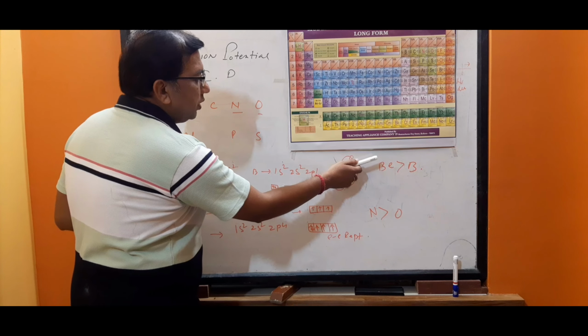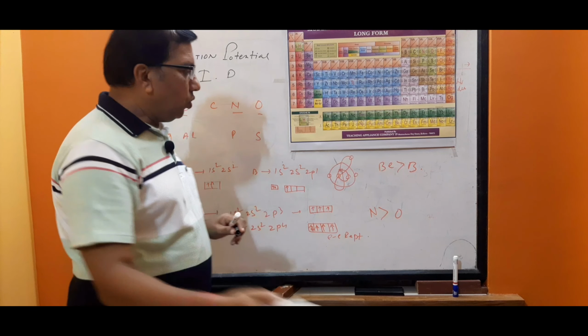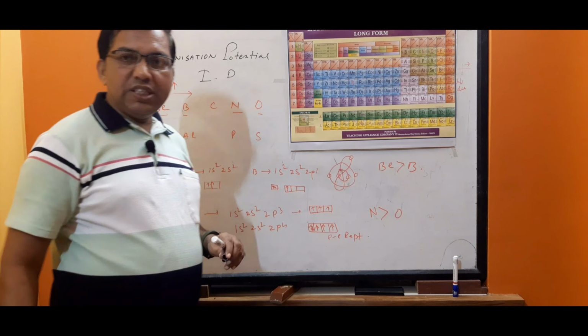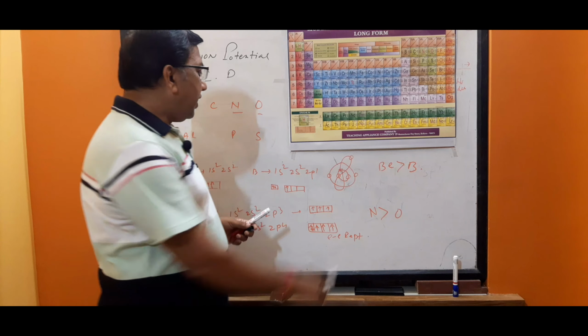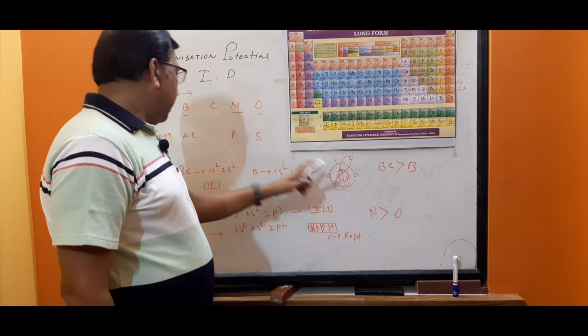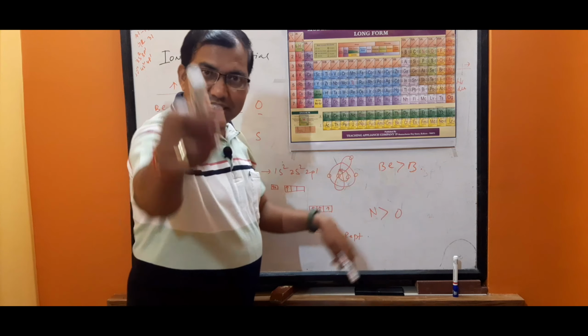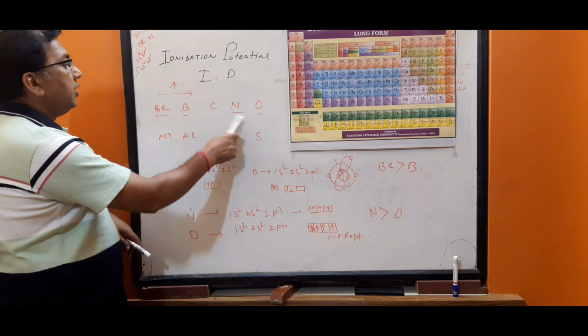The 2p orbital is not so strong, the s orbital is much stronger than the p orbital. So the single p electron is easy to remove. In that case the IP of B is less than the IP of beryllium. That is, beryllium is greater than boron. That is the exception. Next, nitrogen and oxygen.